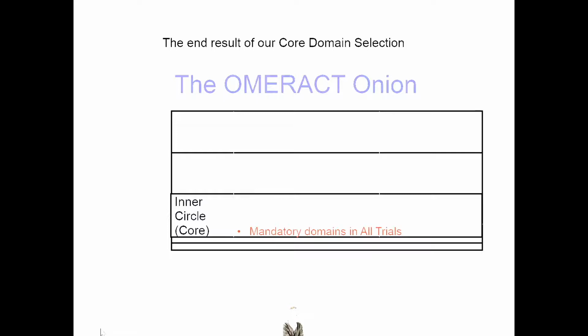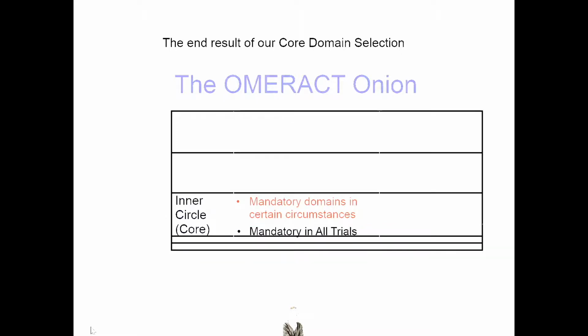But recently, in 2018, we have added that in some circumstances a particular domain should also be mandatory to include. That is for a particular symptom that is only relevant in a small subgroup of patients for which you develop a new intervention.